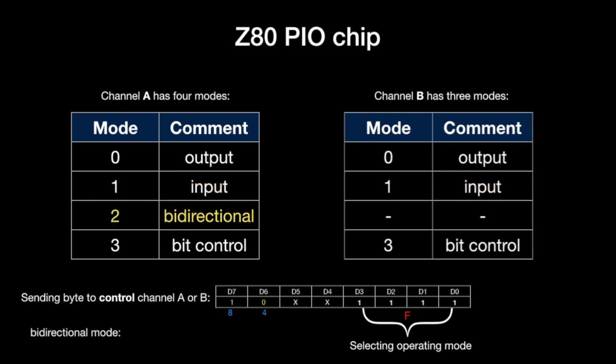If you choose bidirectional mode 2, the binary value is 1, 0, so the hex value is 8F. And if you choose the last mode, which is bit control mode, the binary value is 1, 1, so 8 and 4 is 12, and 12 in hexadecimal is C. The value is CF.